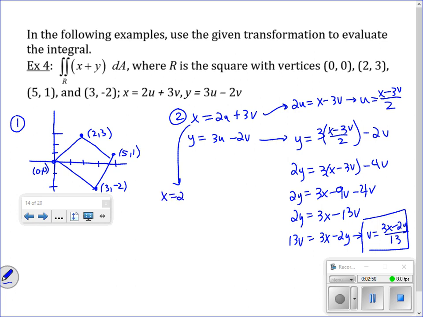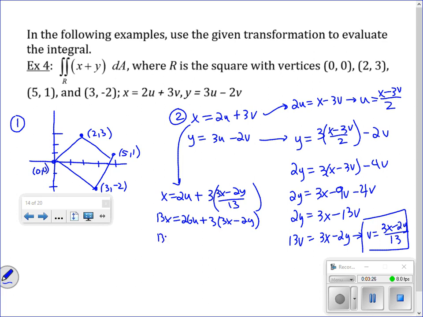x equals 2u plus 3 times v. Well, I just found out that v was (3x minus 2y) over 13. So this is a step that's the worst part, but we'll get through it. Let me go ahead and multiply everything by 13 to get rid of the fraction. So 13x equals 26u plus 3 times (3x minus 2y). So now you see I have u with x's and y's.